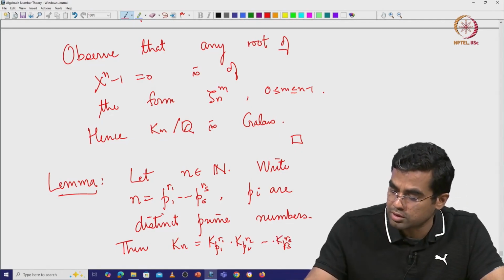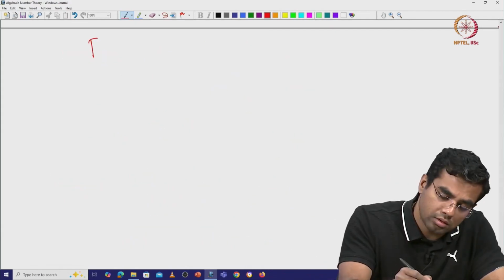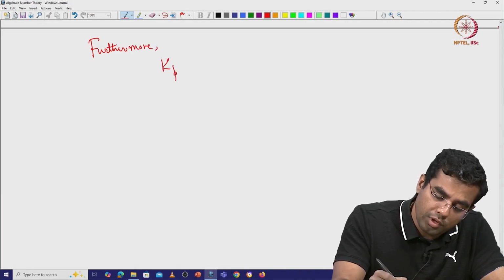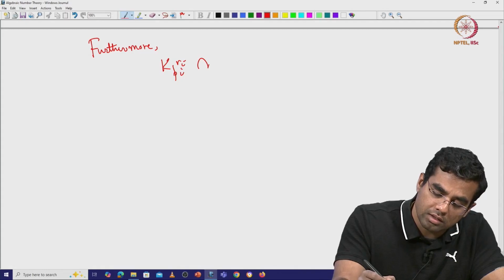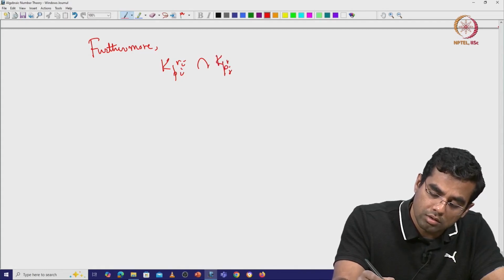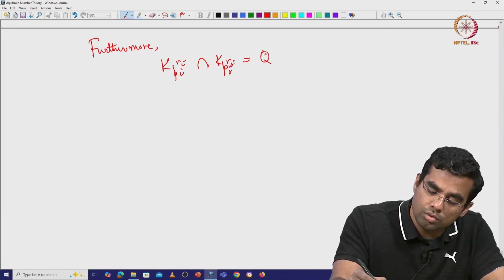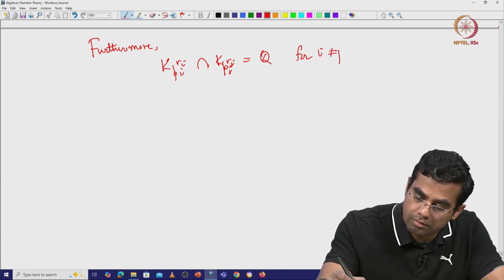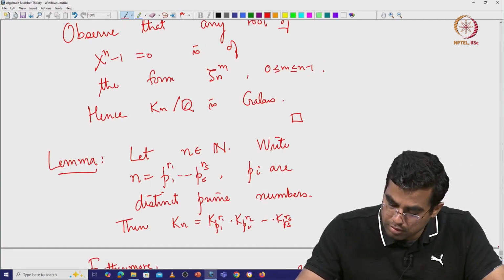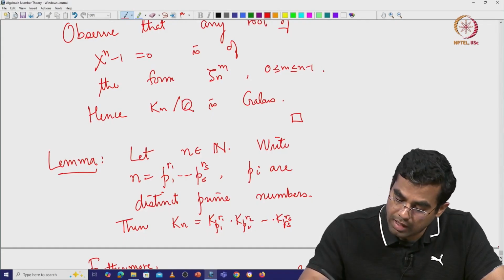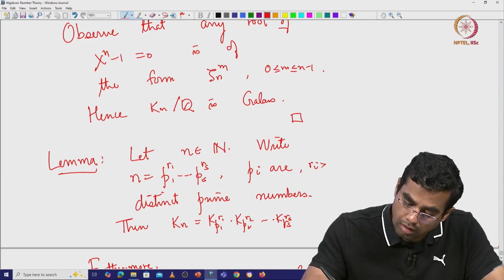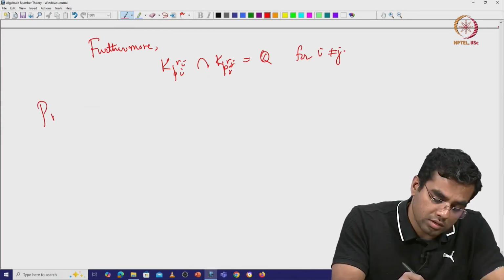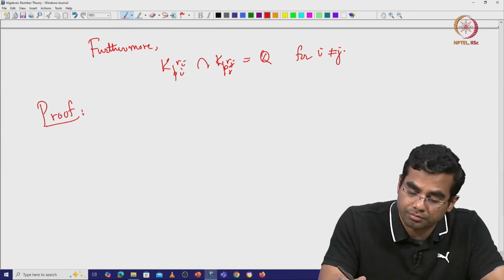Furthermore, K p i to the r i intersected with K p j to the r j is just Q for i not equal to j. Here the primes are distinct, and the r i's are bigger than or equal to 1.